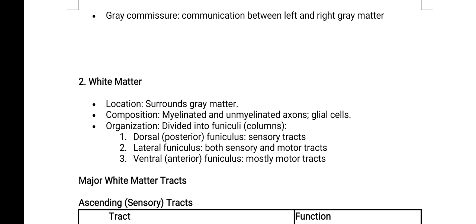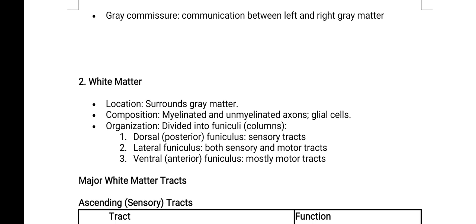The white matter is divided into what we call funiculi, or columns. We have the dorsal or posterior funiculus. It's majorly made up of sensory tracts, those involved with processing of sensory information. The lateral funiculus contains both sensory and motor tracts, while the ventral or anterior funiculus is mostly motor tract.